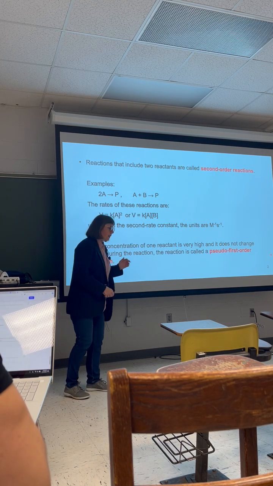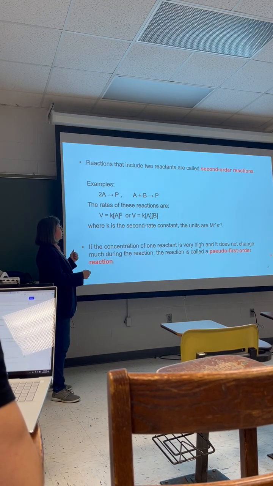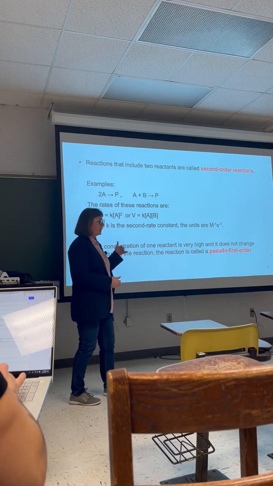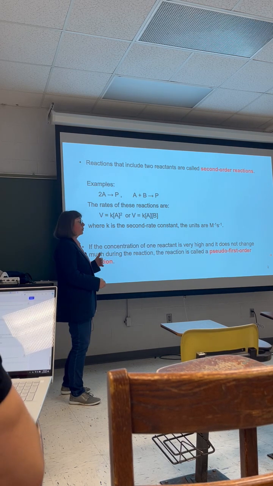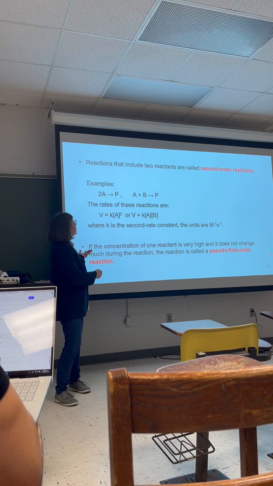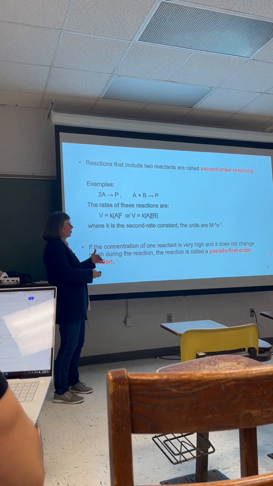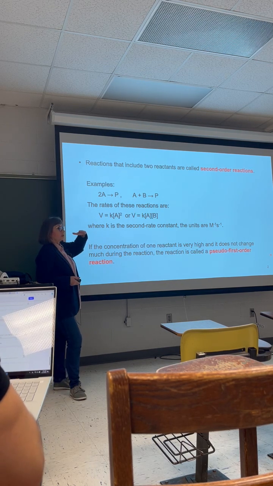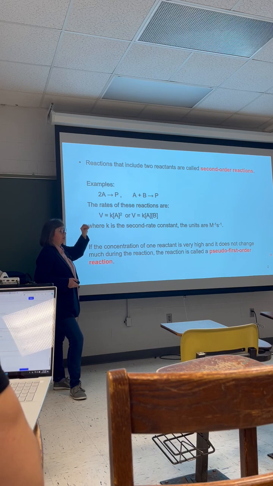Okay, now special case when one of the molecules, one of the substrates, is so high in concentration that it really doesn't change much when the reaction progresses. For example, water. If one of the molecules, B, was water, right? Water can participate in a reaction, but the concentration of water in aqueous solutions is so high, 55.5 molar, that even if you are using water, this would barely change this concentration.